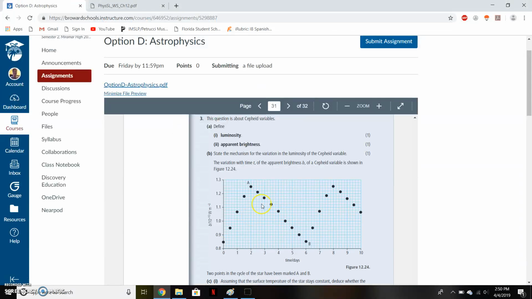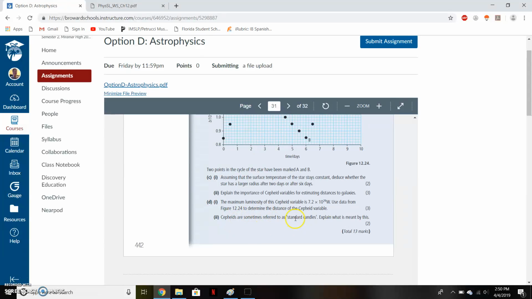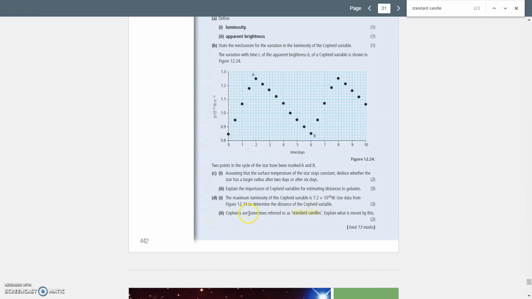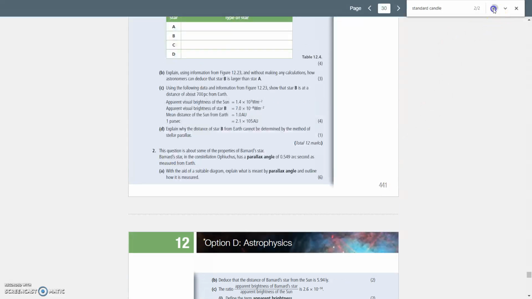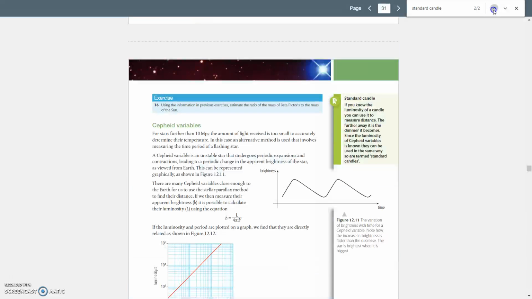Moving on, I think that's the only calculation, and this is another conceptual problem. Cepheids are sometimes referred to as standard candles. Explain what is meant by this. A standard candle is an object whose luminosity is known.